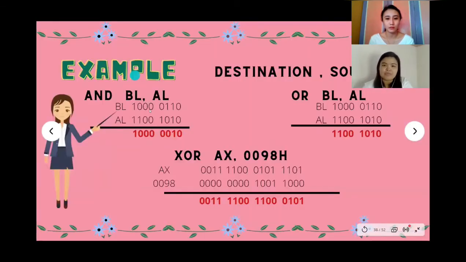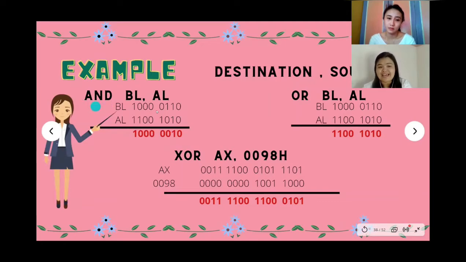So this is my example. We have destination and source again that we will base on. First, let's go to AND. So I have here AND BL, AL. These are 8-bit. So assume this is the value. In BL, we have 1000 0110. And in AL, we have 1100 1010.